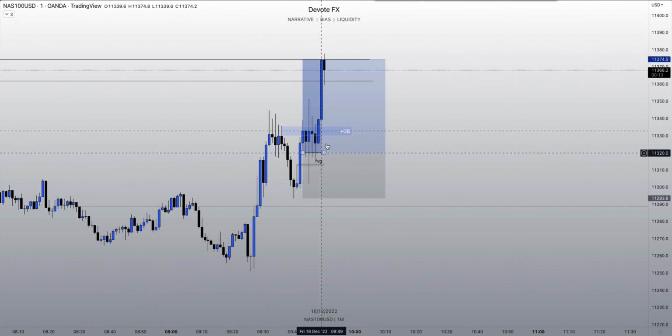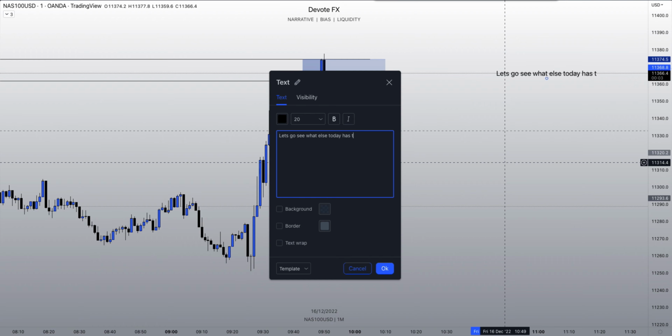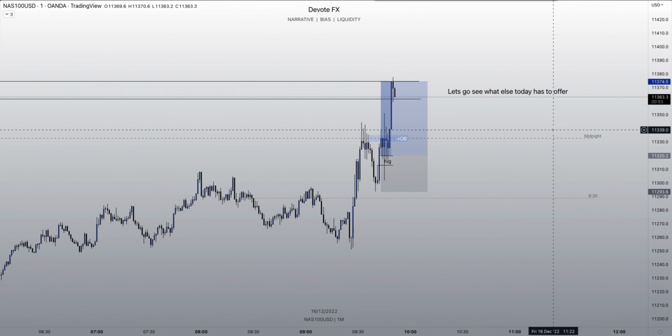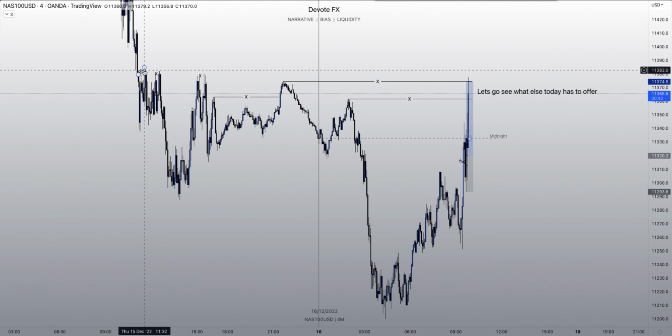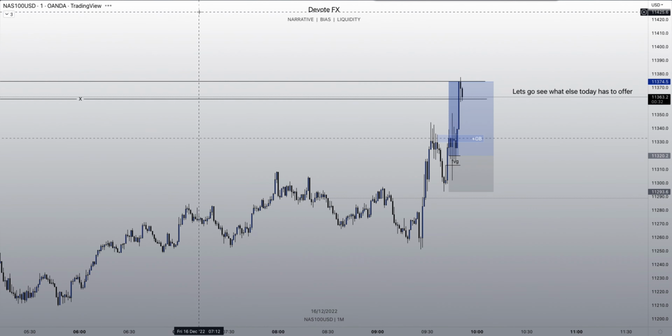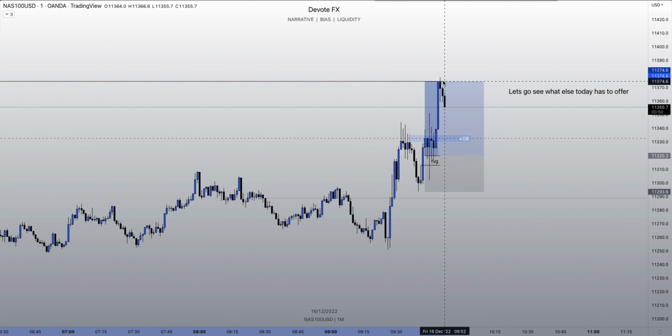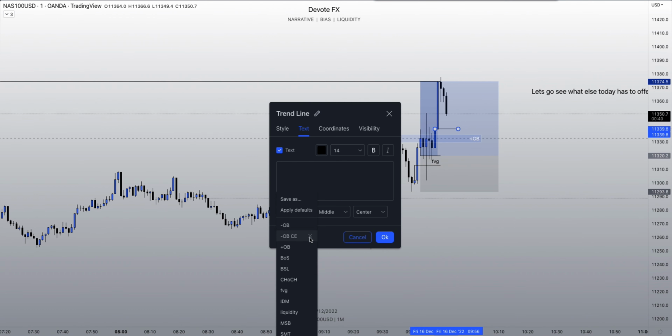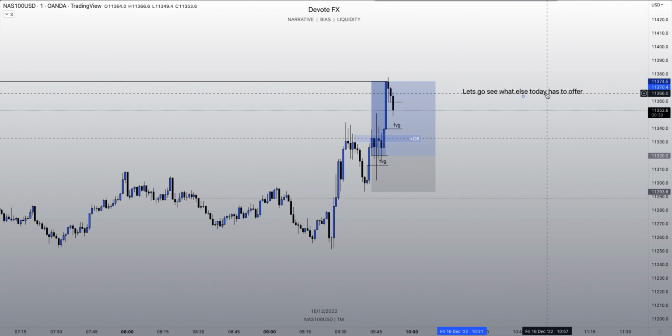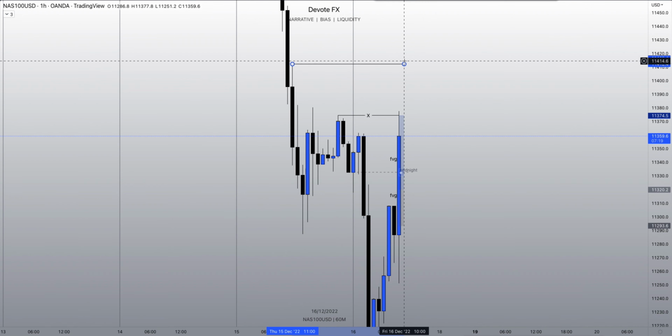Now I was looking for possibly a run higher because we do have fair value gaps above us, but I was not looking to target that because liquidity above those two pools have been purged in previous runs. So for me, I was looking for price to come back down into this inefficiency and possibly see price expand higher. I was still looking at that order block and fair value gap.